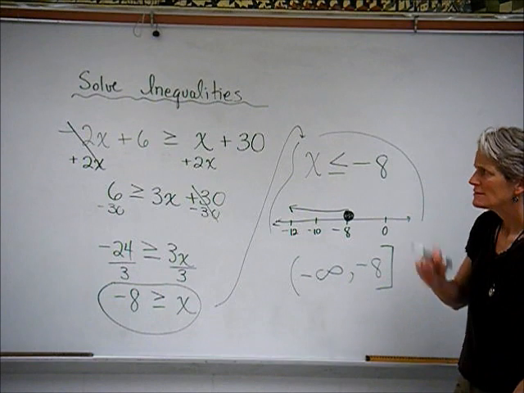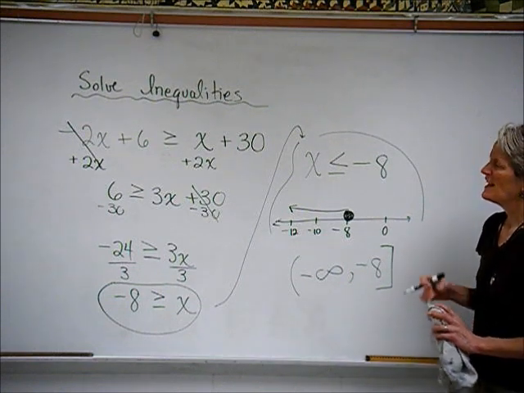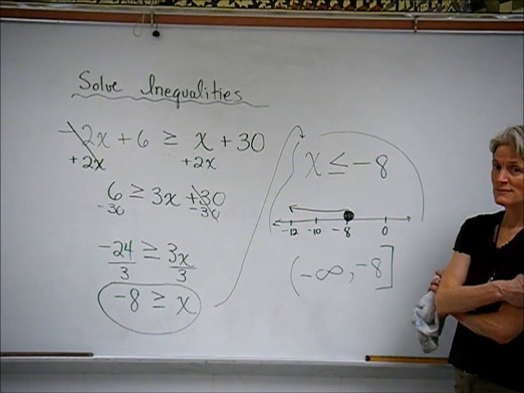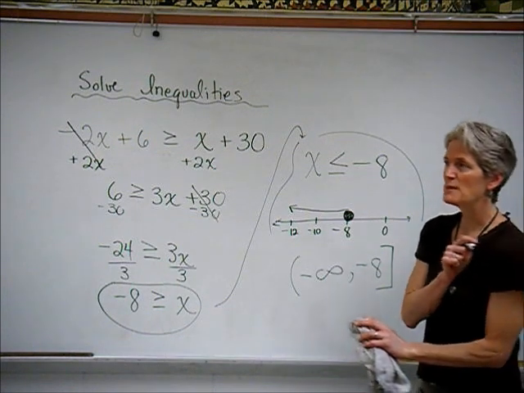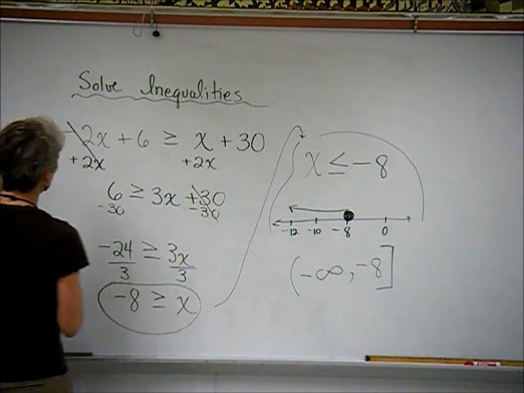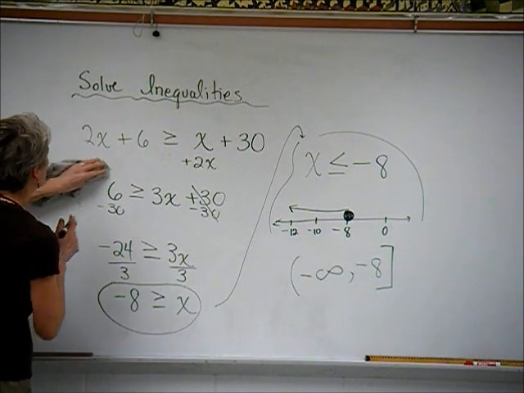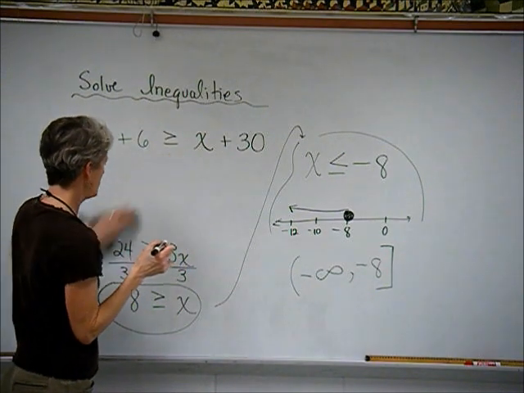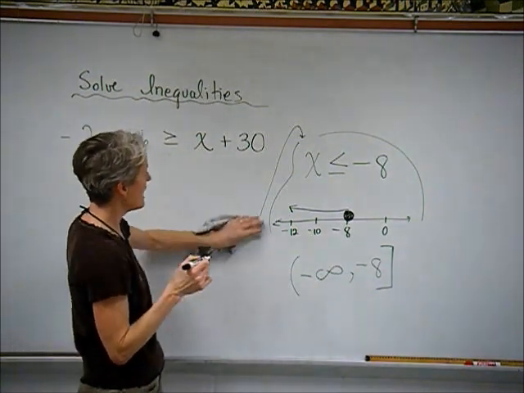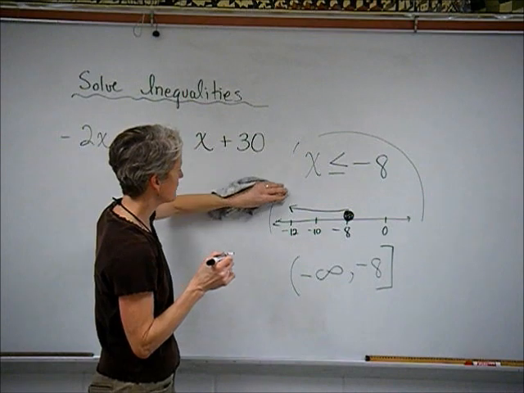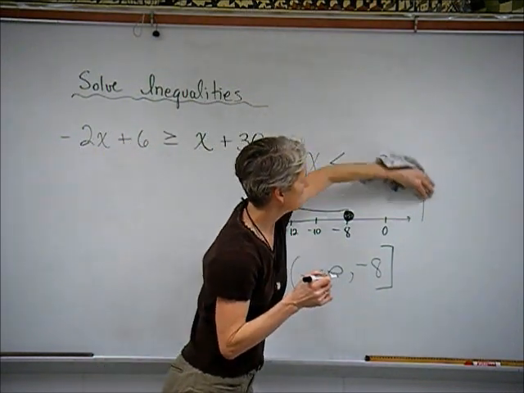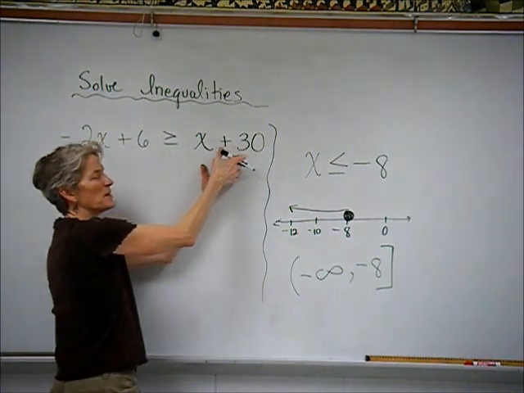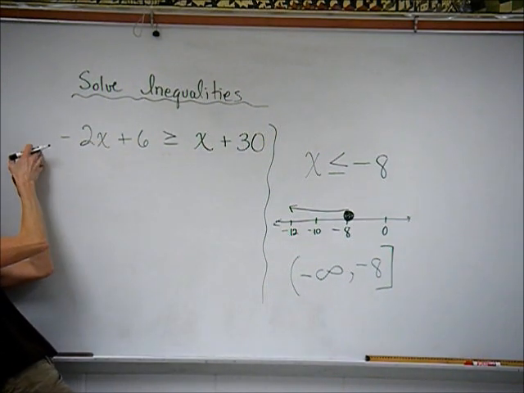Now I want to alert you to something. If I had solved this a different way, then I have to remember something sneaky about inequalities. So I'm just going to back up. Let's pretend that instead of solving this the way I solved it, I had decided to bring my x's over on this side.